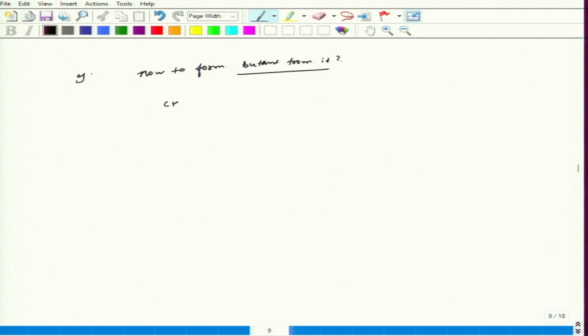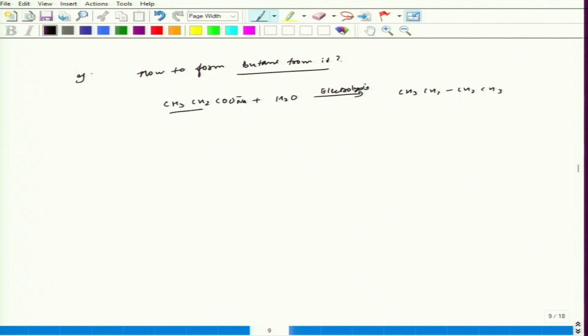We have to take CH3CH2COO- Na+ plus H2O, and we will do electrolysis, and it will form CH3CH2CH2CH3.